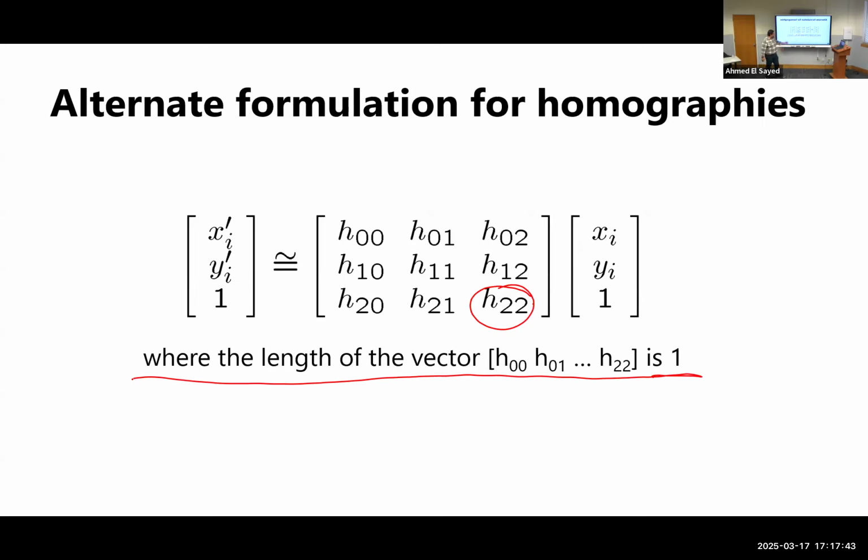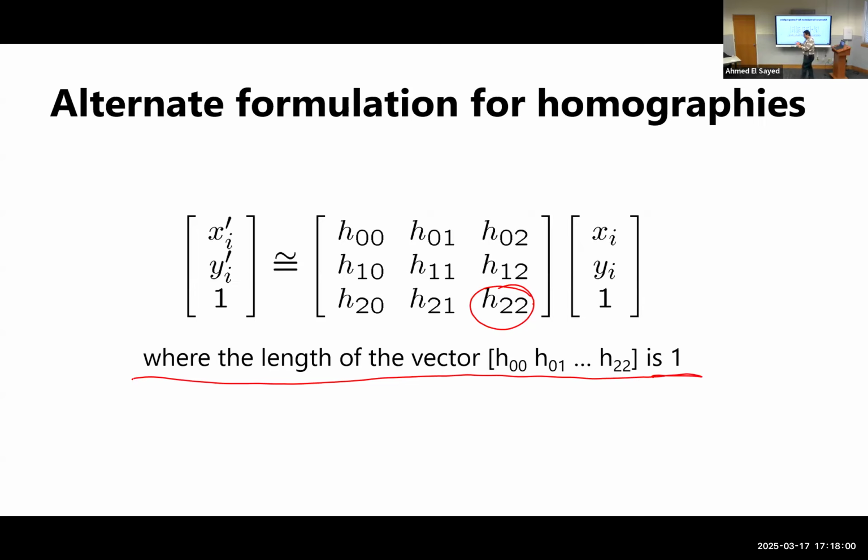Must. If this value is not 1, this means it has to be normalized. Okay? And this can be considered the general shape of the homographic transformation.